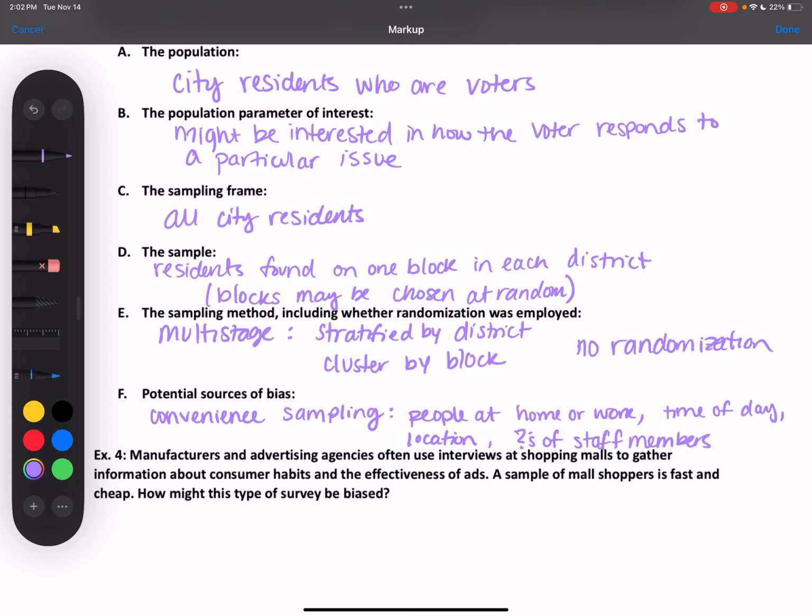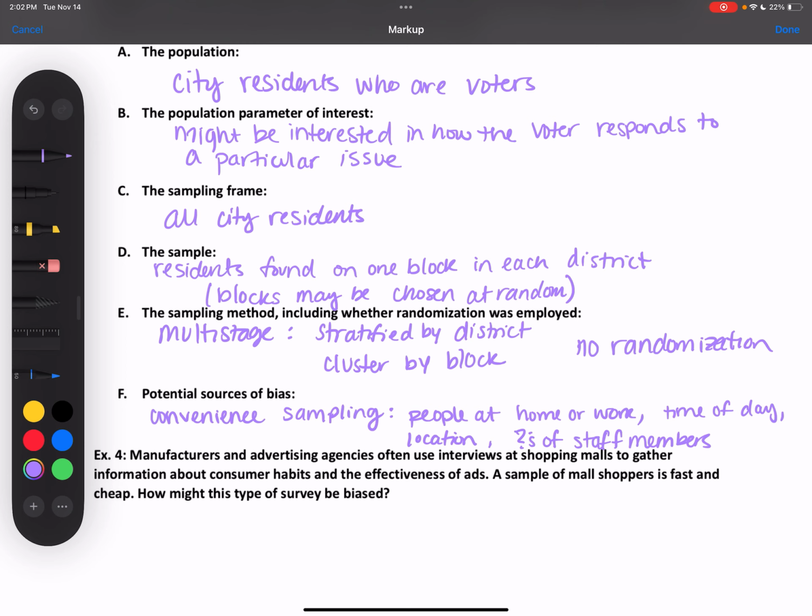Yeah, because I feel like depending on what kind of block it is, if you do it at a block where it's pretty developed, or you do it at a block where it's not developed, they're going to be totally different problems. And then like a gated neighborhood versus not, somewhere that you can't get into, you're dealing with all different kinds of things. So it's probably not the best way that they're doing it, but it's better than some things. And we're not 100% sure that there is bias to this. We're just trying to say what could potentially cause a bias within this particular thing.